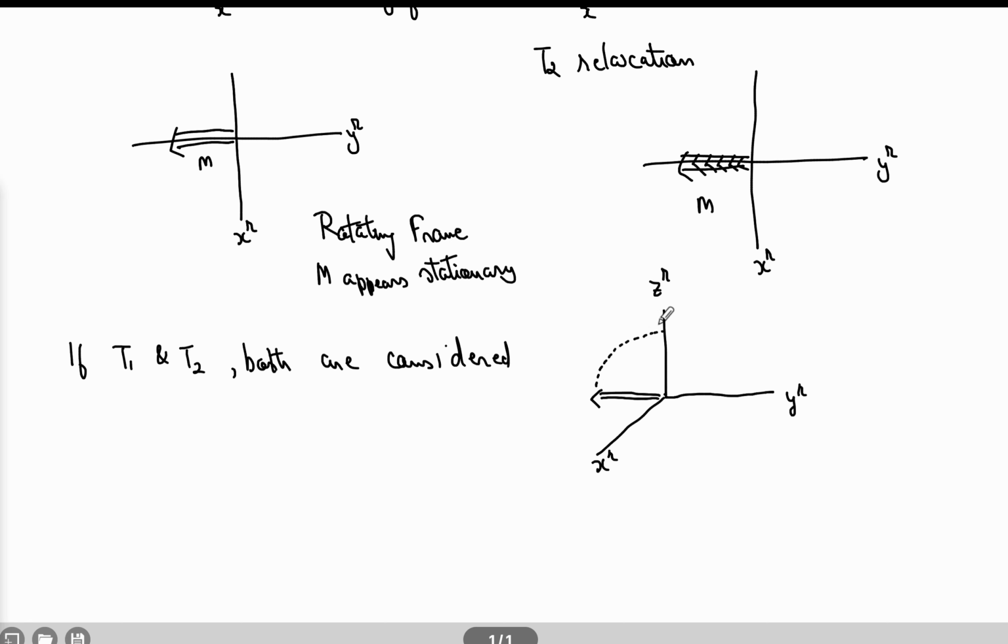It will simply flip back to Z axis, just like a bar magnet does when you put it in Earth's magnetic field, right? So this is only an illusion, and this helps us understand resonance phenomena. And this particular process, the transformation of coordinate system, is called as rotating frame transformation.